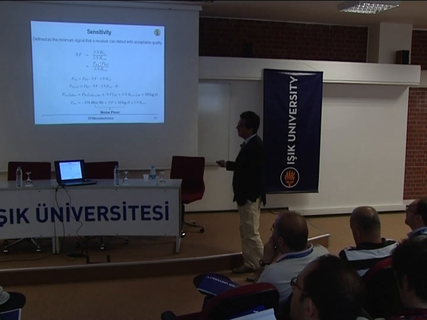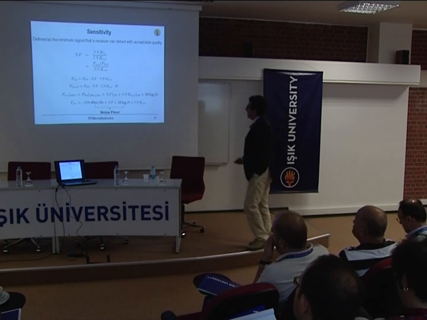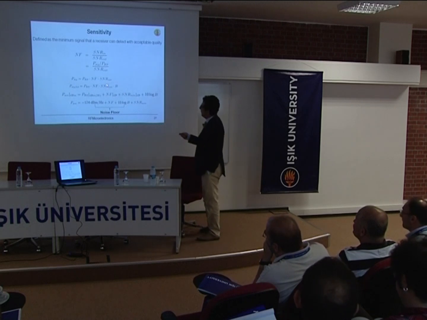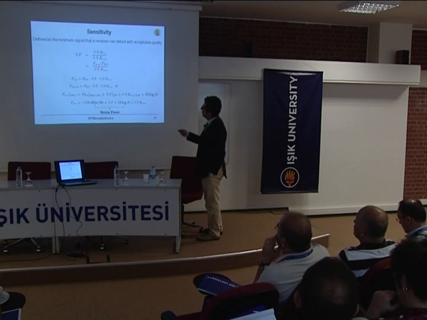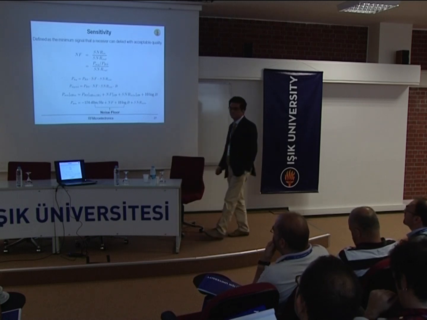We can rewrite it as power of the signal over power of the noise due to the resistor RS, divided by the output signal to noise ratio. So let's write it in a different way. So we can say that the power of the signal will be equal to the noise power of the resistor RS, times NF, times the output signal to noise ratio.